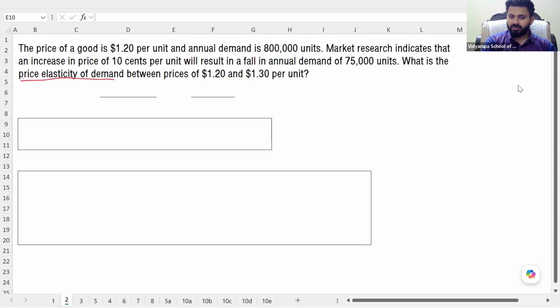Another value, let's see, 1.23, 123 percentage. Okay.